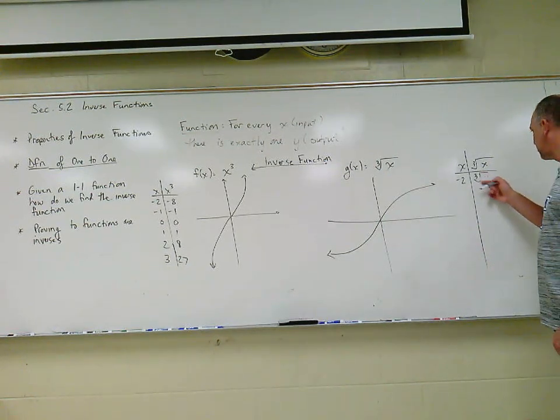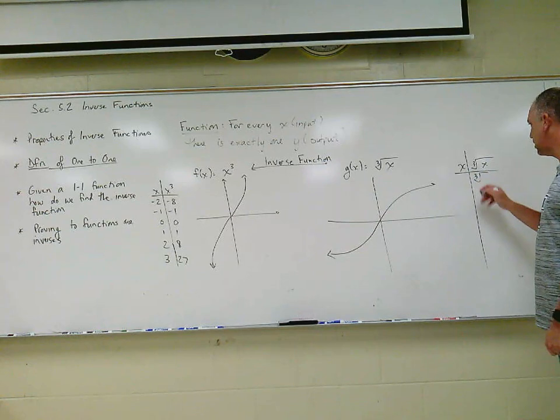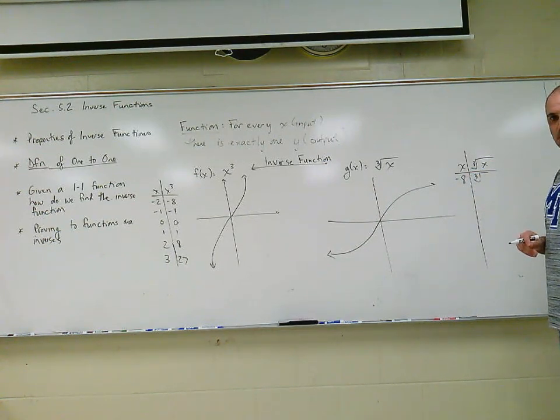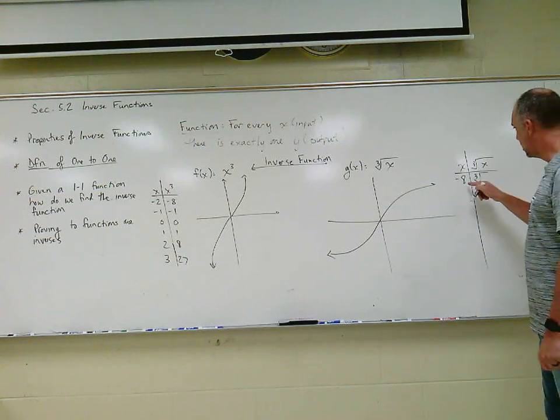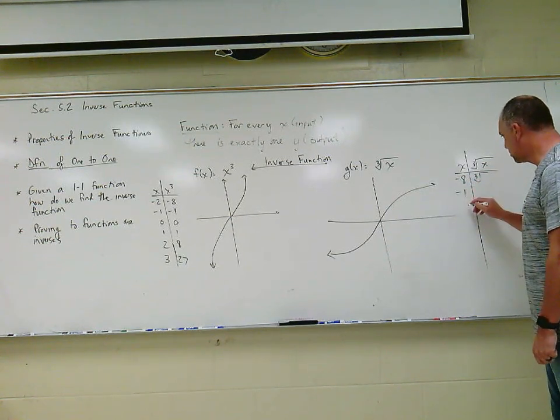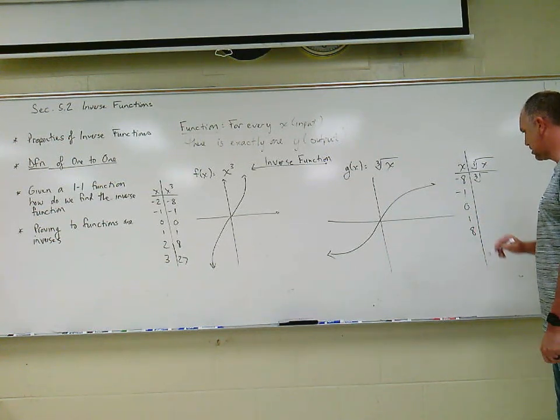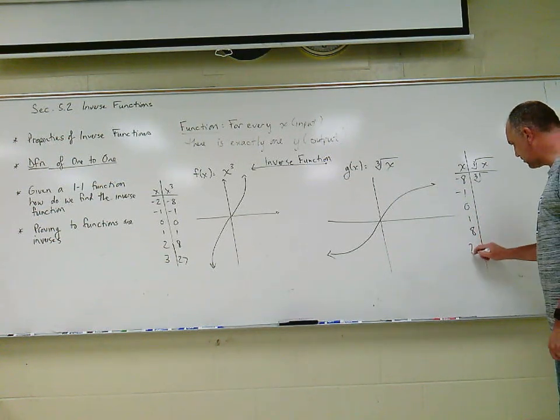So instead of picking -2, how about I pick -8? Because -8 is a perfect cube. -1 is a perfect cube. 0 is still considered. 1, 8, 27.